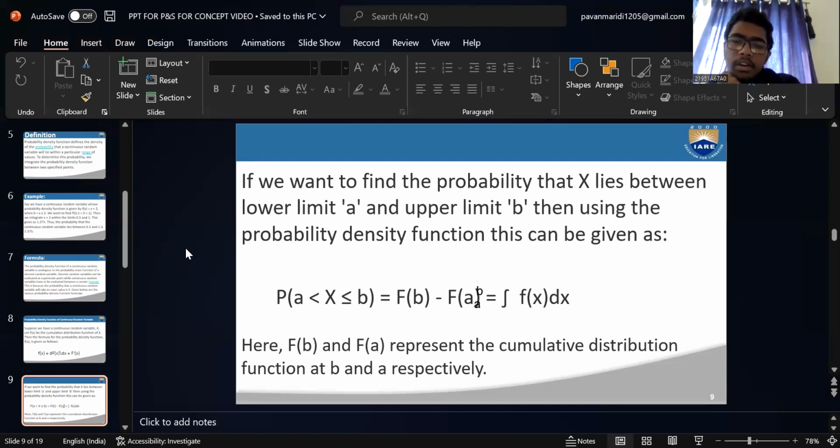Here F of b and F of a represent the cumulative distribution function at b and a respectively.